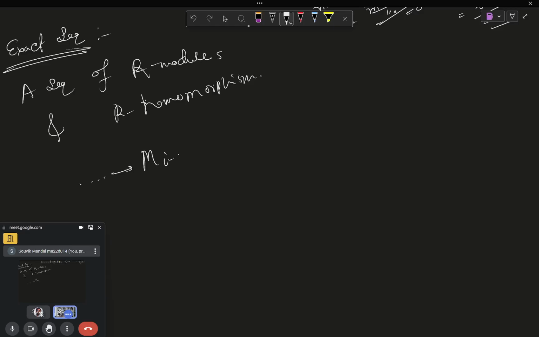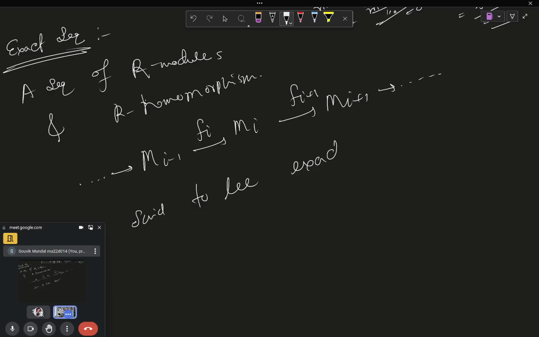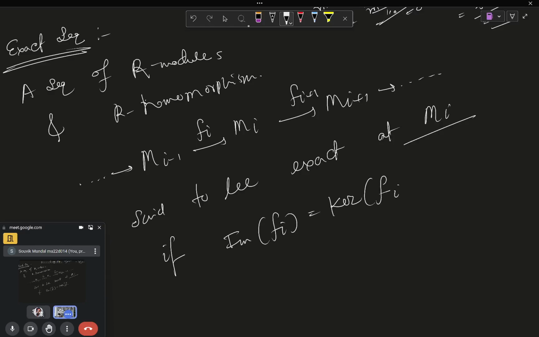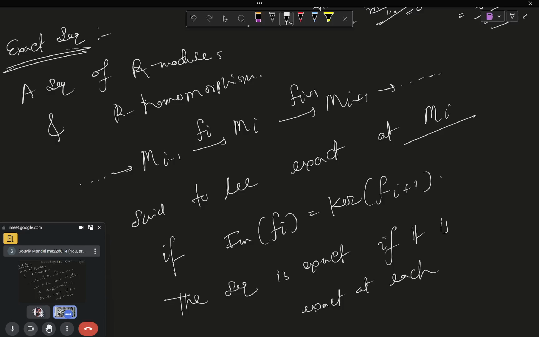First, let me write it down. To be exact, at M_i, if the image of f_i is equal to the kernel of f_{i+1}, the sequence is exact at M_i.